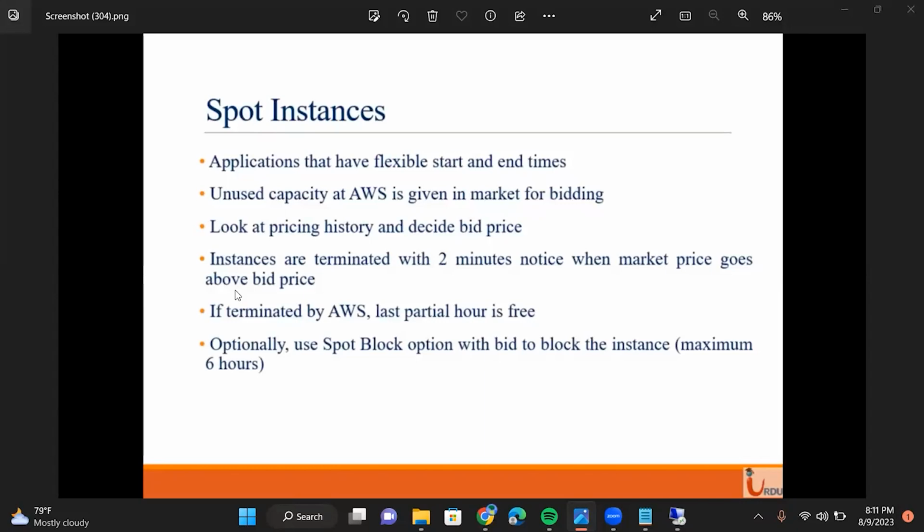Please, guys, answer. No, basically, why spot instances?